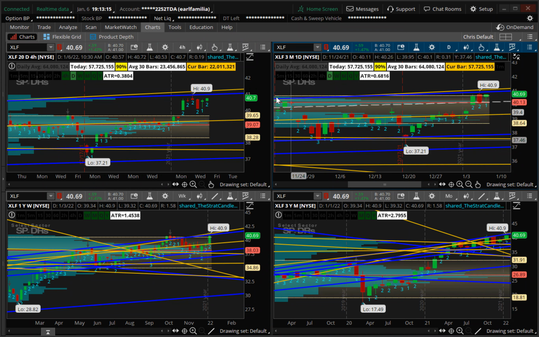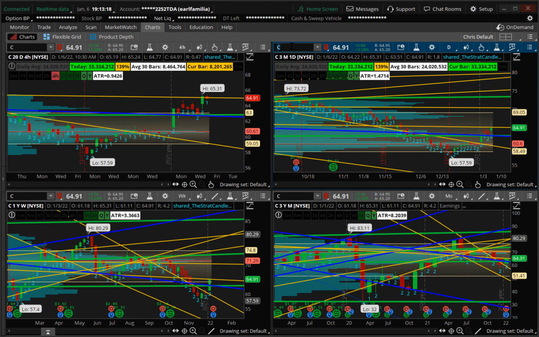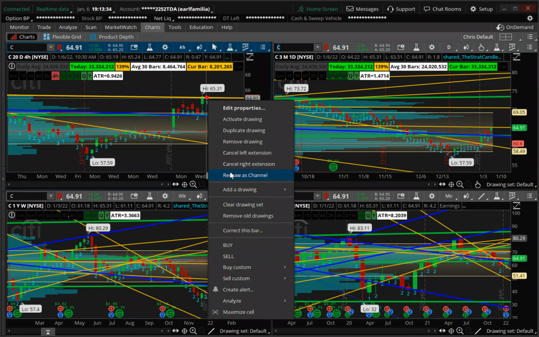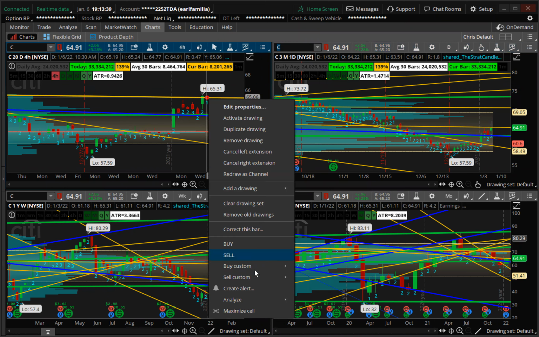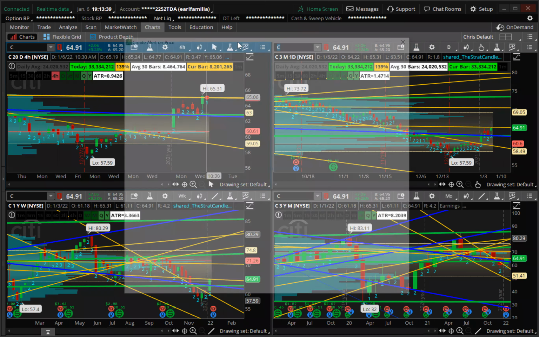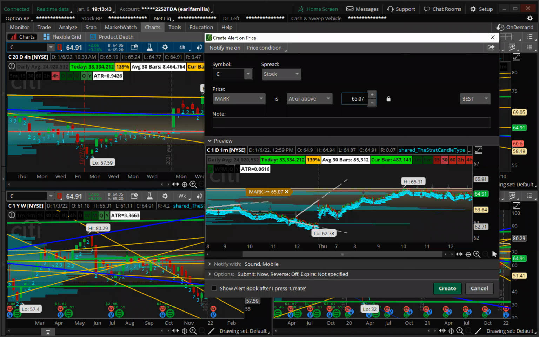What else? Could have sworn we looked at Citigroup already. Yeah, we did. Citi had the hammer on the day. Yeah, you can look for a continuation. If you can get an entry above 65.24, that would be good for Citi. $65, I would set it myself too.